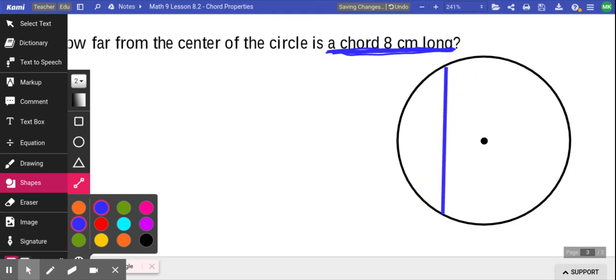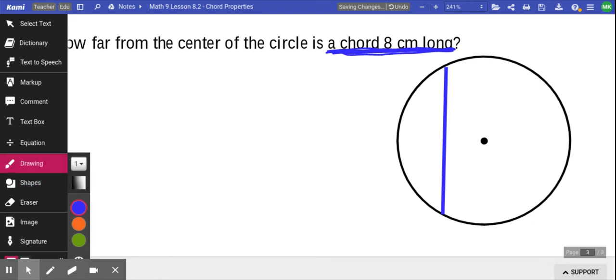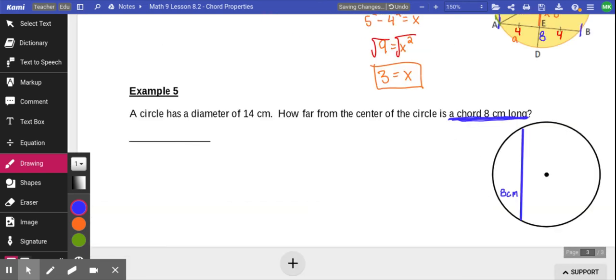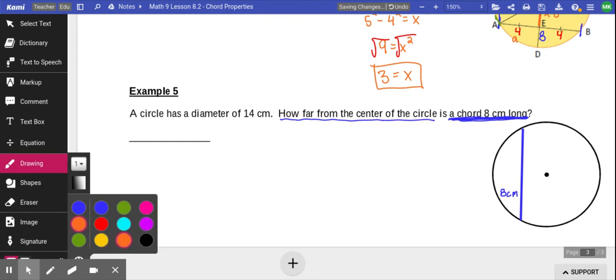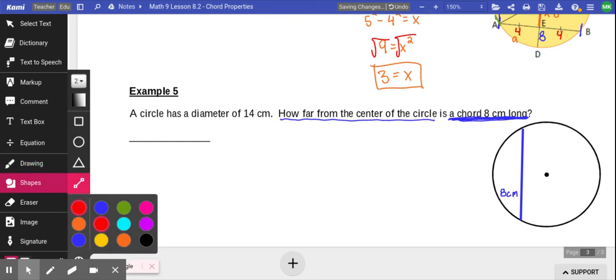But I know that according to this question, that chord is 8 centimeters long. I'm going to want to put it a little lower than that. The whole thing is 8 centimeters. Perfect. What they said is you want to figure out how far from the center of the circle is the chord. So what you're trying to find is this distance right here, from the center of the circle to the chord.